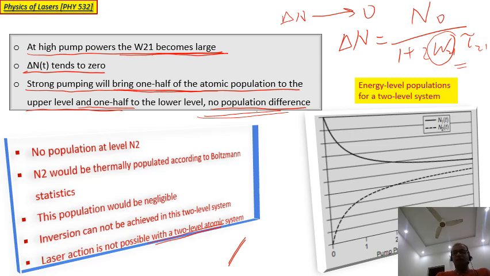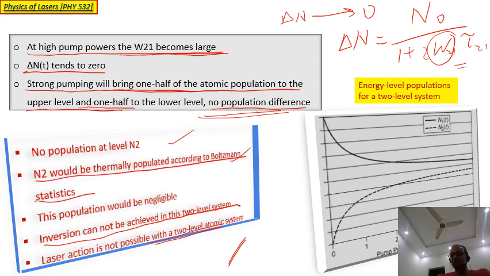Okay, a further point is mentioned here. So inversion cannot be achieved in a two-level system. So N2 would be thermally populated according to the Boltzmann statistics that we have studied before. Okay, so जब ये population inversion यहाँ पे develop नहीं होगी, it means there is no two-level laser system.